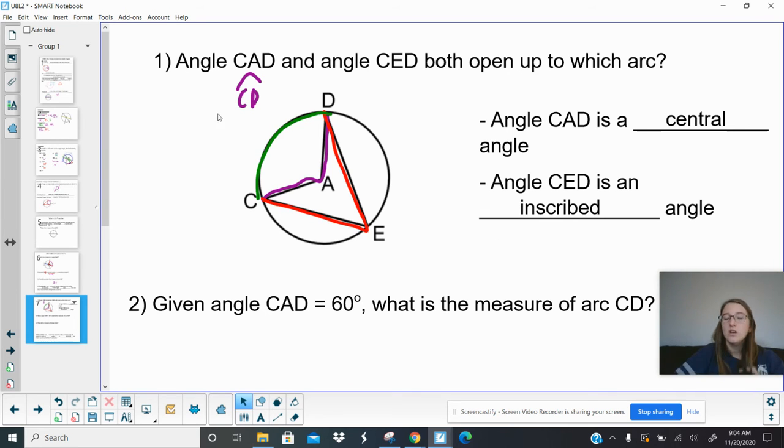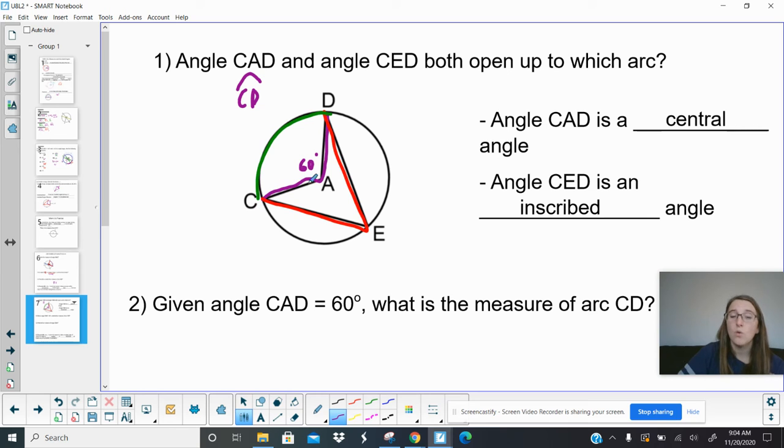So let's say that we knew that angle CAD was 60. Label on your picture where angle CAD is, and put a 60 there. Well, that's going to be right here. This is CAD, it's 60. So we can use this fact to find the measure of arc CD.